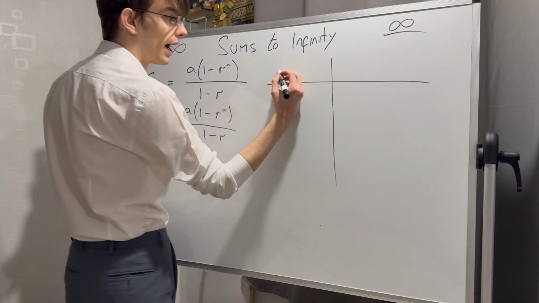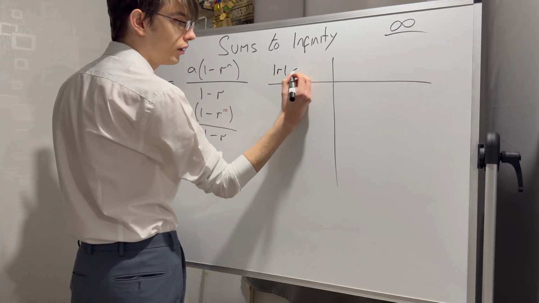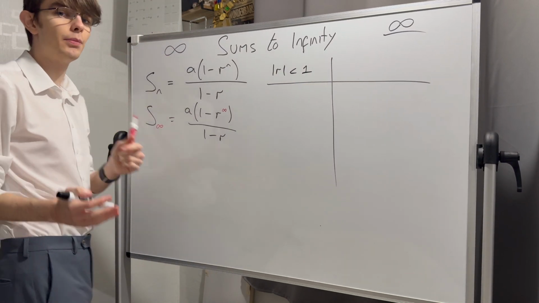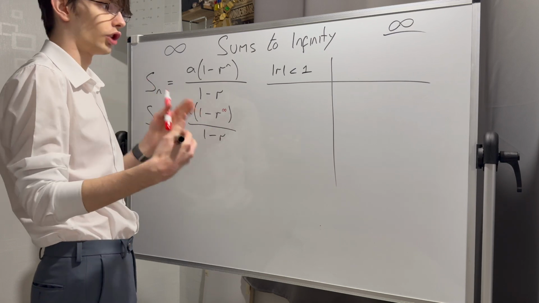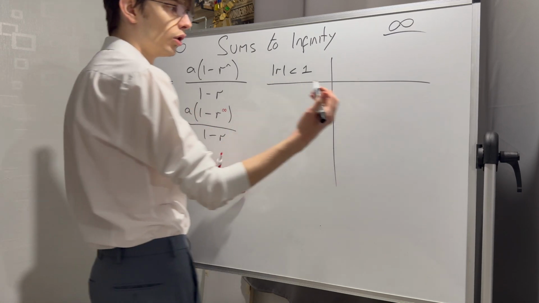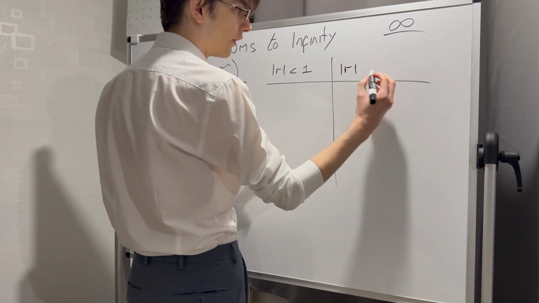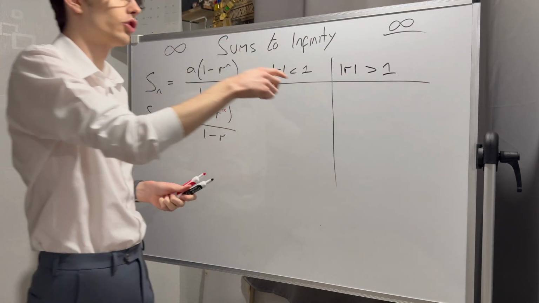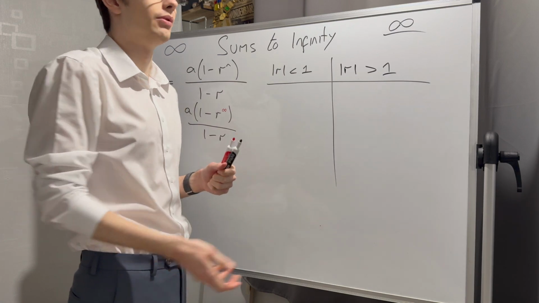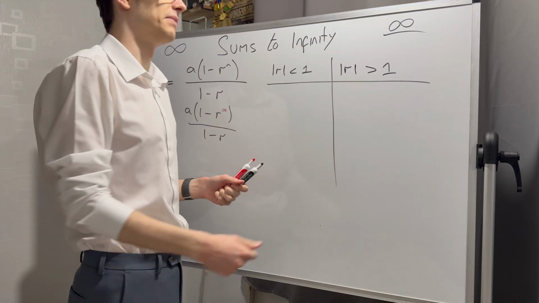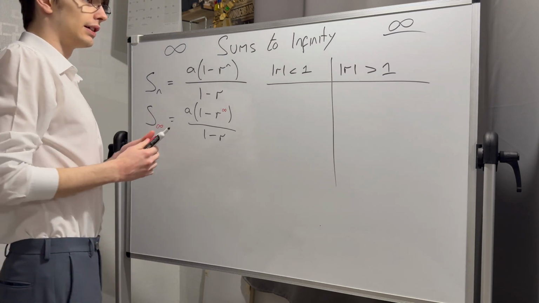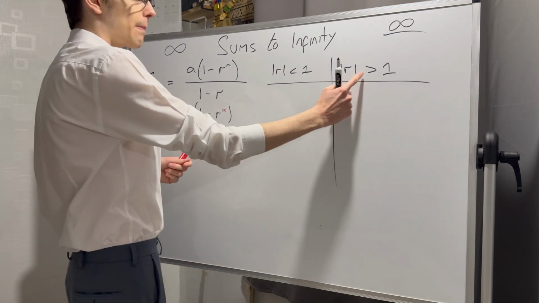One where the modulus of r is less than 1, so that can take any number between minus 1 and 1, so it is a fraction. Or I've got when the modulus of r is greater than 1. Because I've got the modulus, this includes negative numbers, so negative 2, plus 4, negative 18, plus 104, something like that. Now, I'm going to start with this one first.